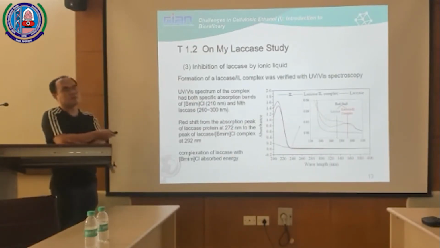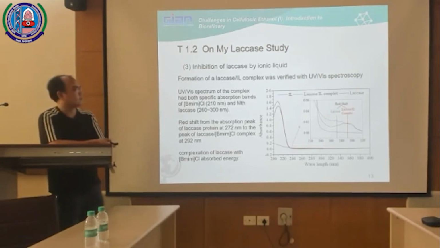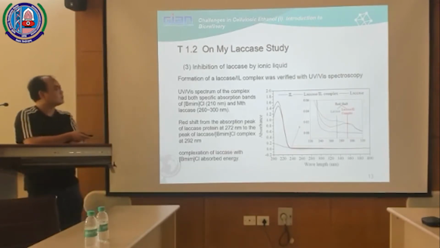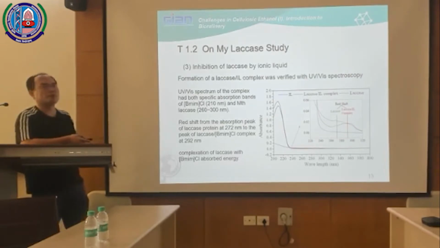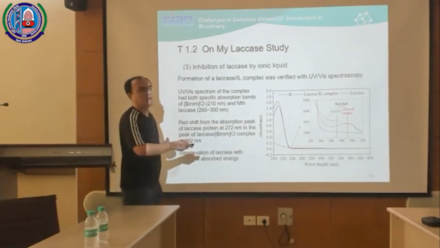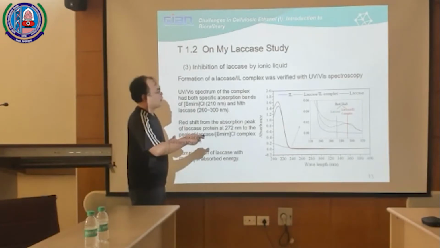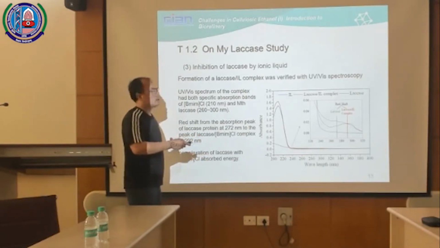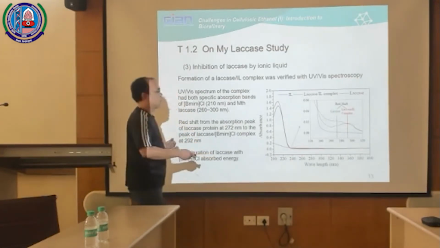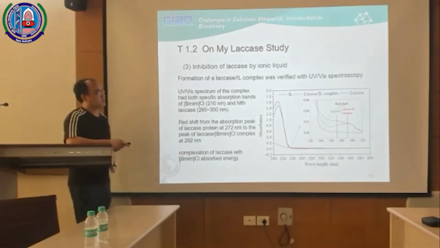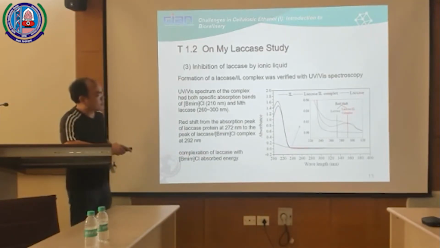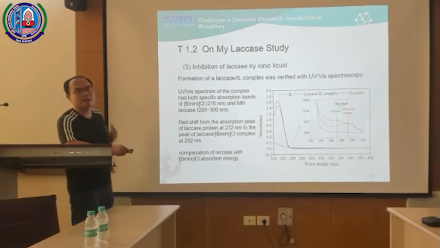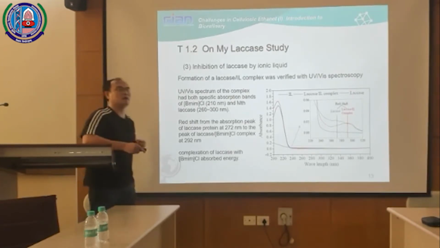We proved the first assumption, that there is a new complex formed between the lactase and the ionic liquid. From the UV visible spectrum, the blue line is the pure ionic liquid, and the green line is the lactase. This lactase is also pure.